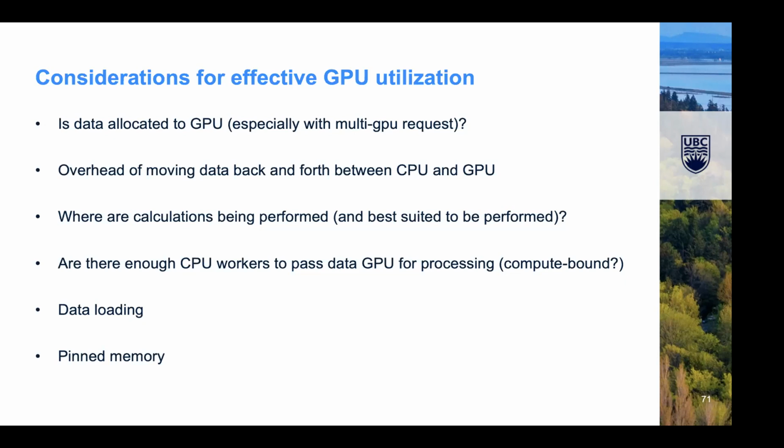That way, if GPUs aren't available, it's going to run on your CPU, and if GPUs are available, it's going to run on your GPU. That said, you may want it to run on GPU, so you do need to make sure that your code is written such that you're allocating data or information to the GPU memory.